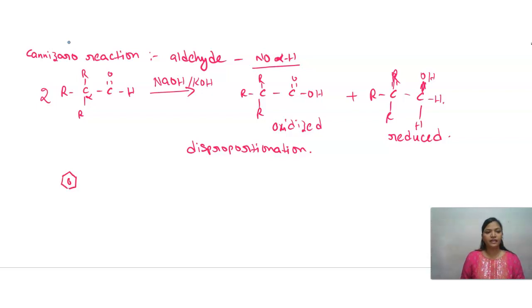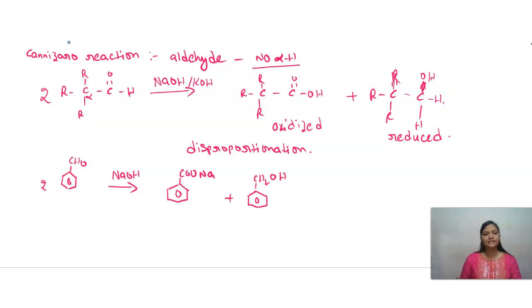If you take benzaldehyde, 2 moles of benzaldehyde, it will undergo the Cannizzaro reaction in the presence of NaOH and it will give the oxidized product, COONa, plus benzaldehyde, benzyl alcohol it will give.